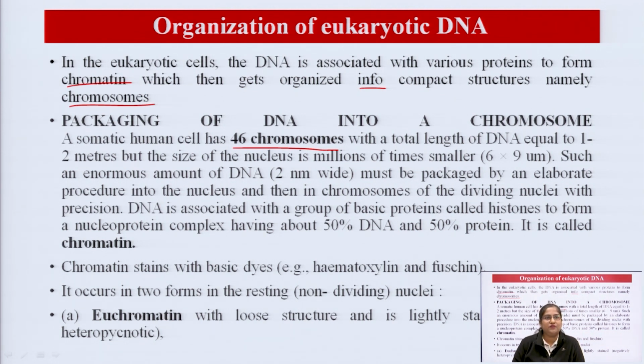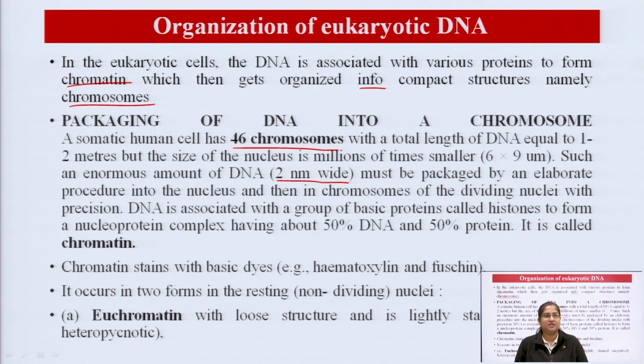But the size of the nucleus is millions of times smaller, that is 6 to 9 micrometers. Such an enormous amount of DNA, which is 2 nanometers wide, must be packed by an elaborate procedure into the nucleus and then into the chromosomes of the dividing nuclei with precision.